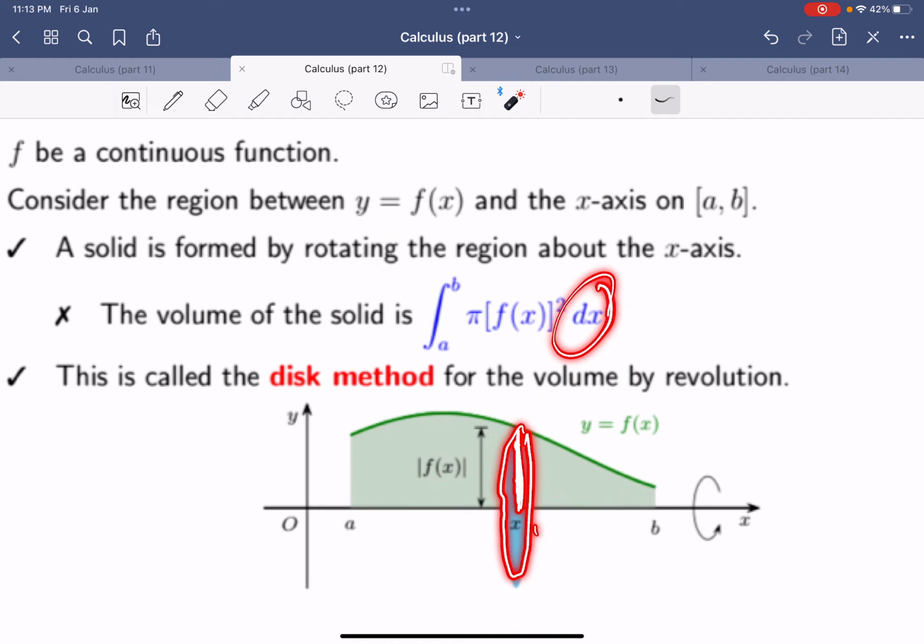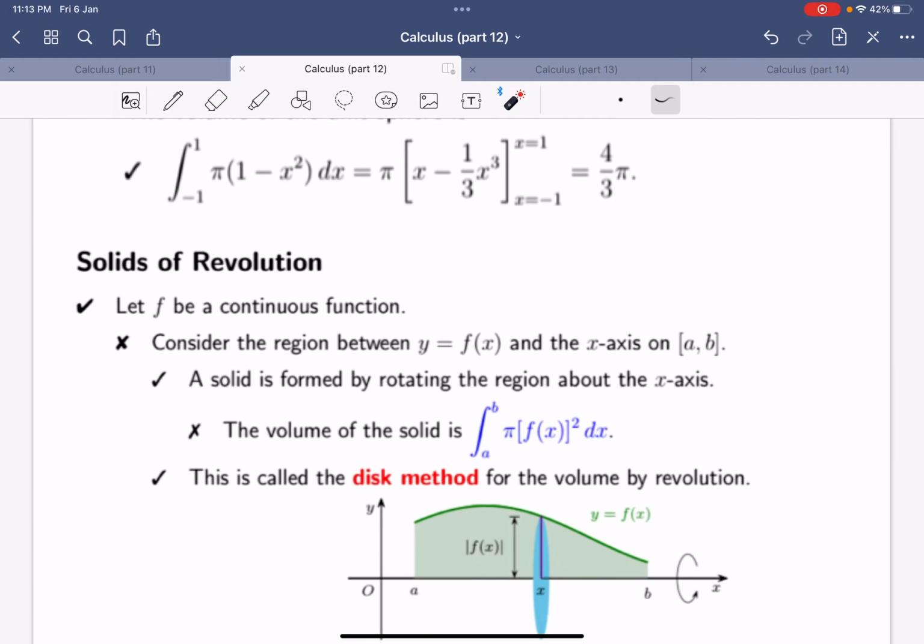The dx serves as the height over here, so it's a very small change, that's why it's dx. Then you integrate from a to b, and with that you calculate the volume of this very thin right cylinder, and when you integrate it all, you're just adding all these together.